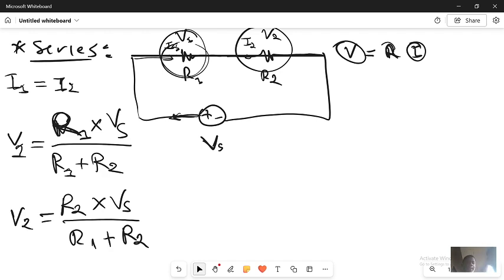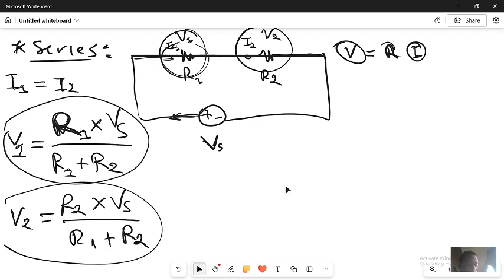So now I know how to determine V1 and V2 when in series. If I had a V3, you already know how to determine it; I will use R3. We also have to know that Vs, the voltage of this source, is equal to V1 plus V2.